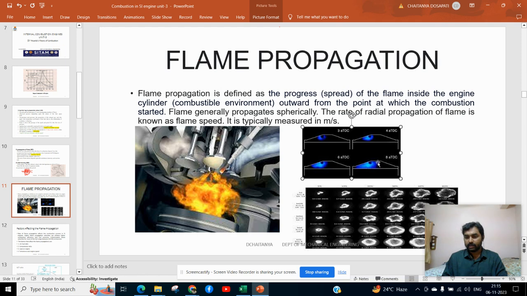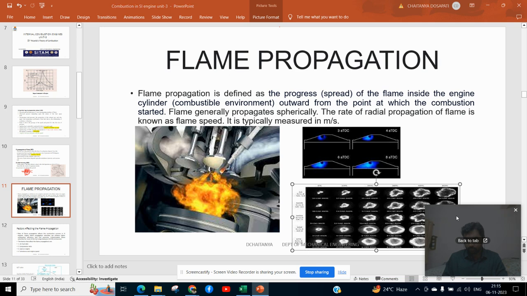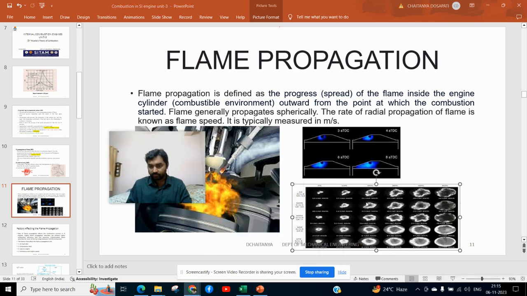So how it is spreading towards the volume of the cylinder and the piston head. And as usual you can observe at the bottom you have different wave fronts, spreading of the flame from one end, the spark plug, to the piston head.